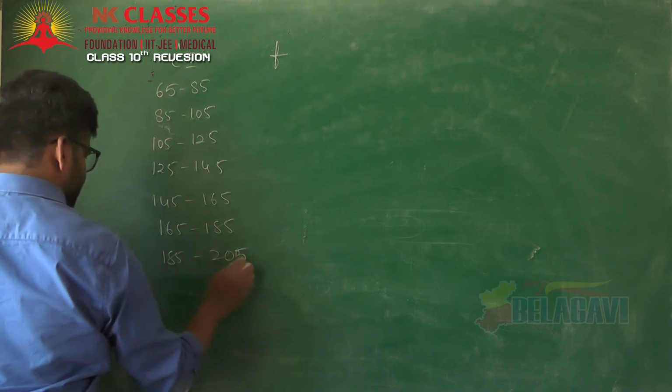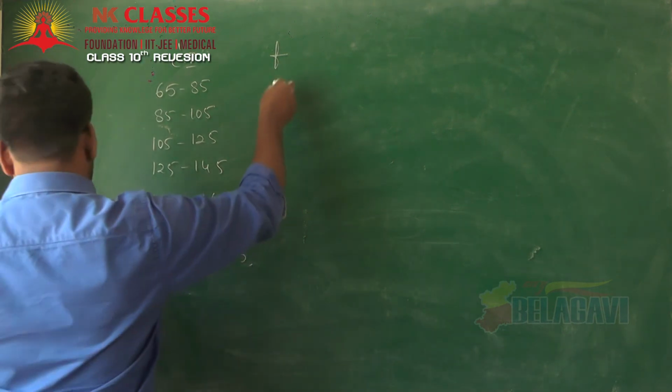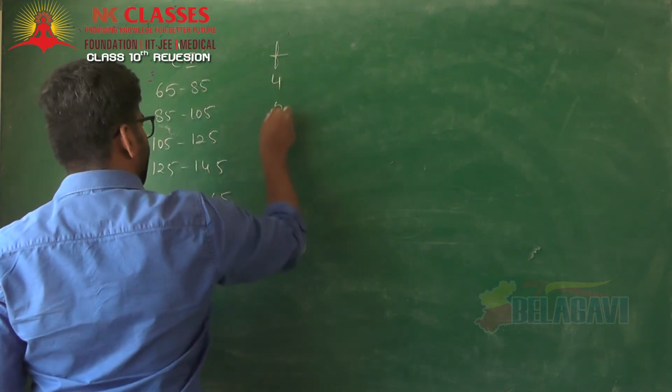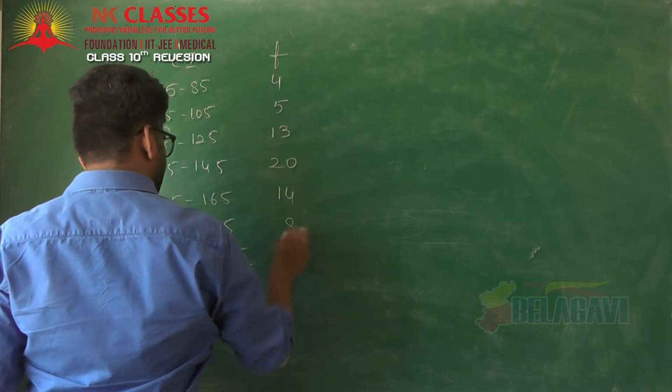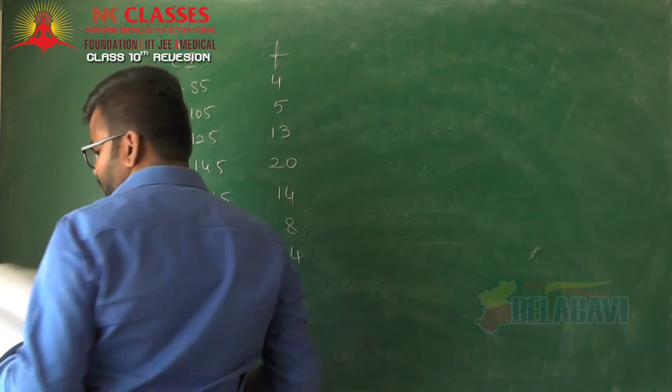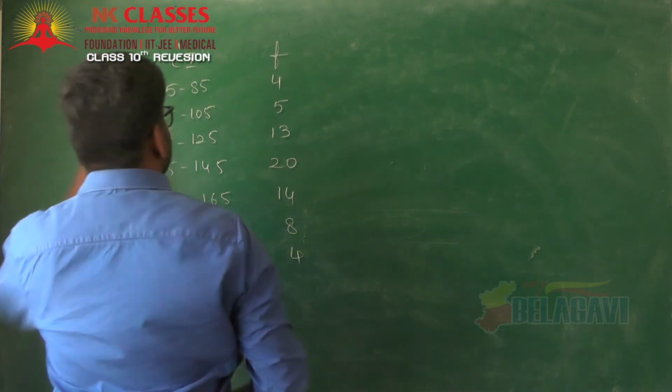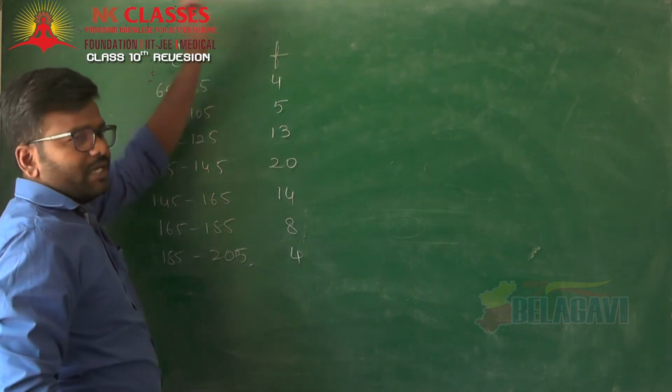And frequencies are 4, 5, 13, 20, 14, 8 and 4. So they have given us the class interval and frequency.